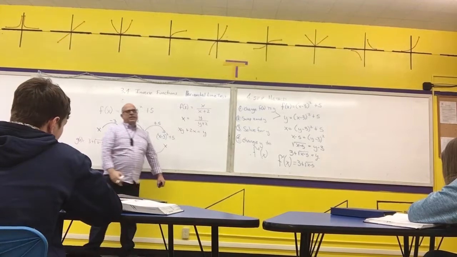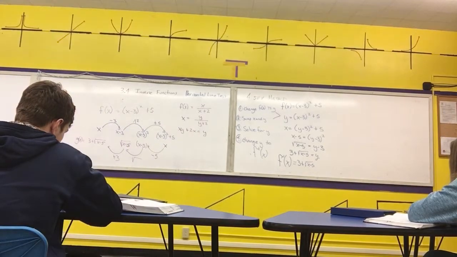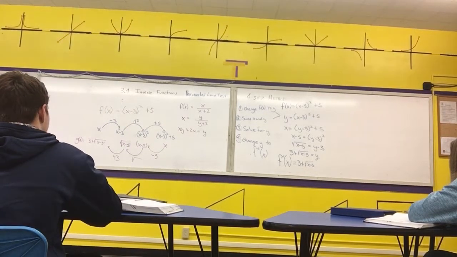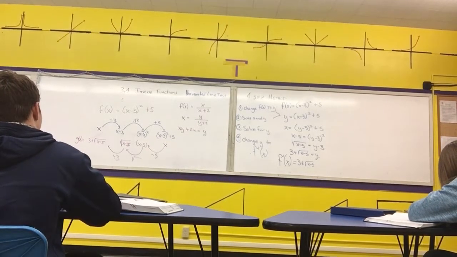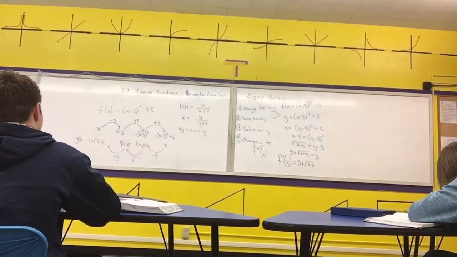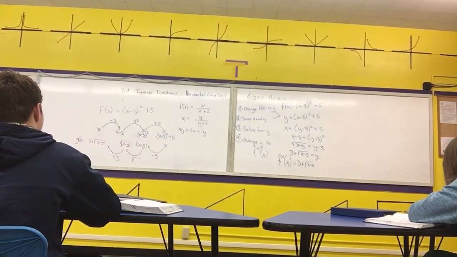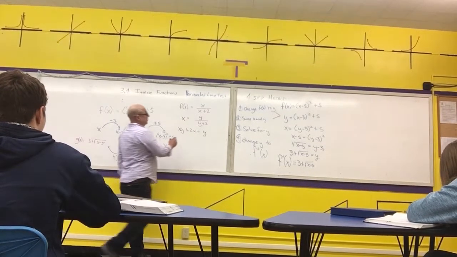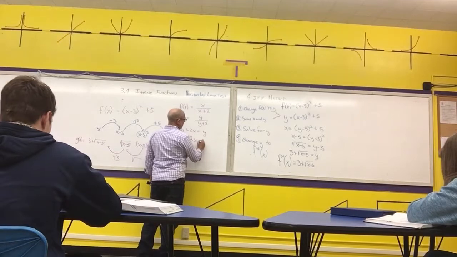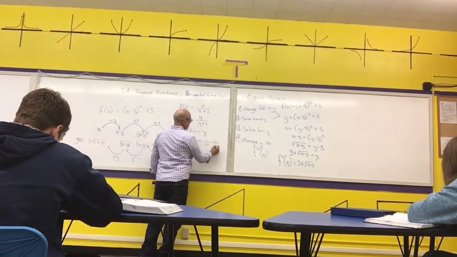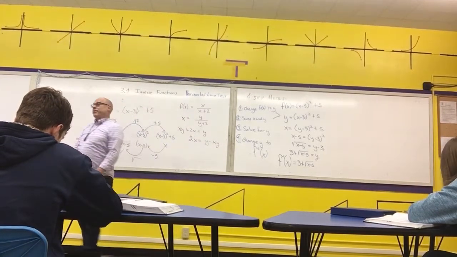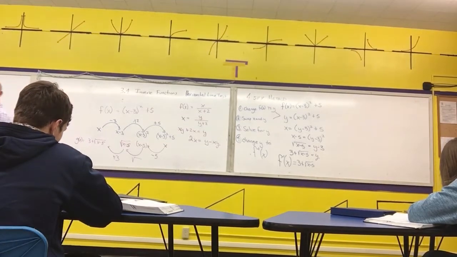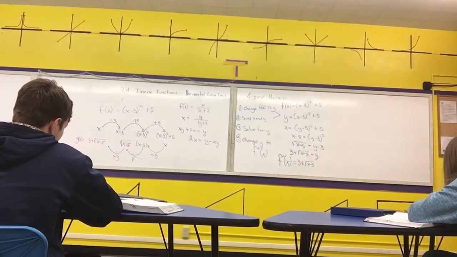Any questions on that step? I multiplied both sides times y plus 2. In order to solve for y, I need to get all the y's to one side of the equation. So I'm going to subtract xy from both sides. I can't do anything with the term that's got two y's in it, but it looks like I can factor a y out of both parts of the right-hand side.